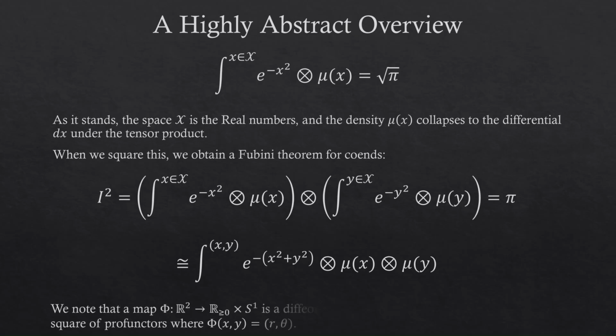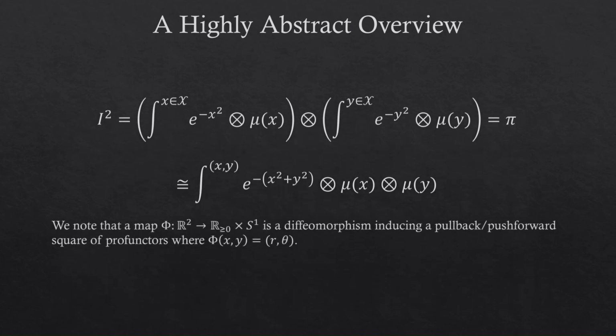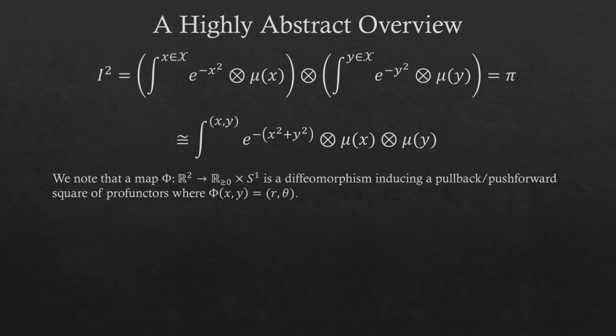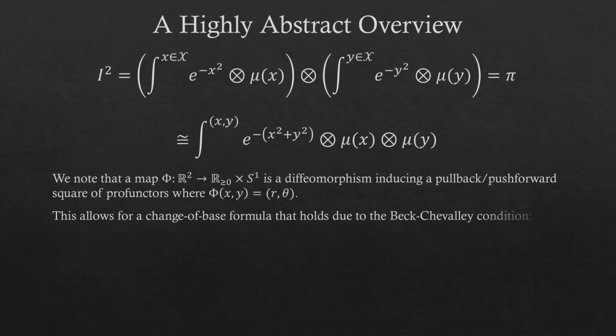So we note that a map phi, which takes us from the two-dimensional Euclidean vector space to the real numbers greater than or equal to 0 cross S1, is a diffeomorphism inducing a pullback push-forward square of profunctors, where phi, acting on x and y, gives us the coordinates r and theta. This allows for a change of base formula that holds due to the Beck-Chevalley condition.